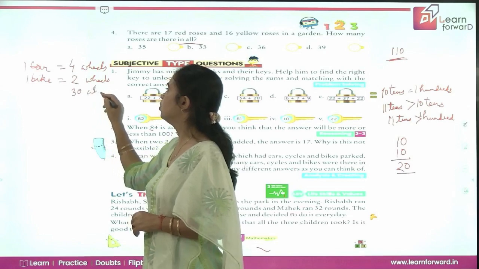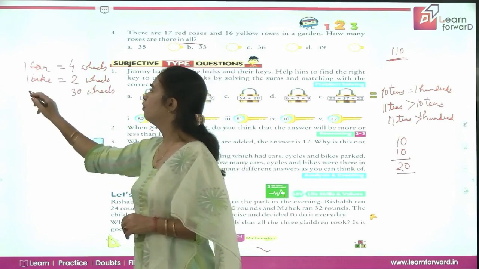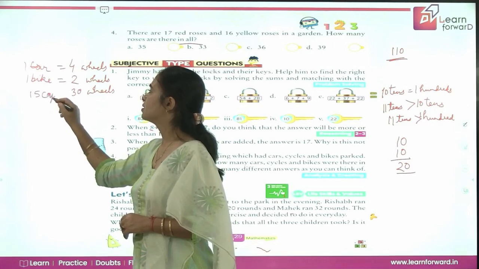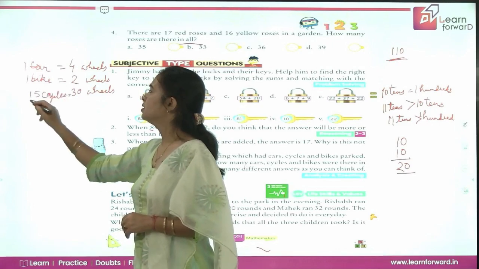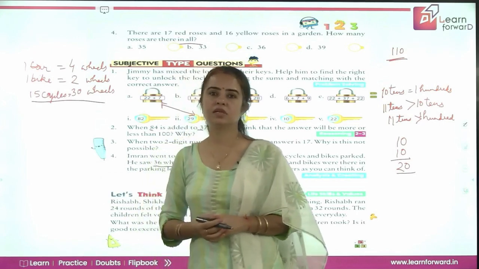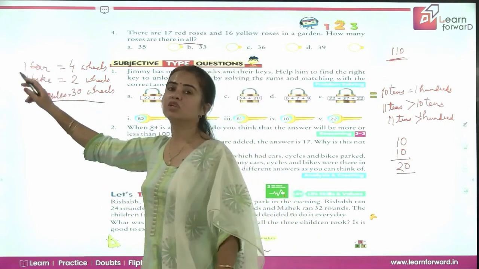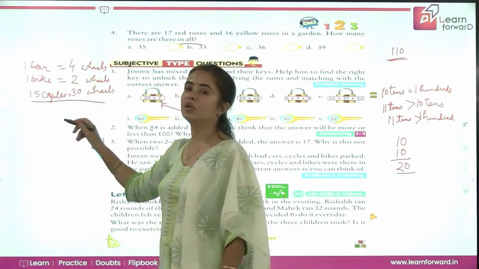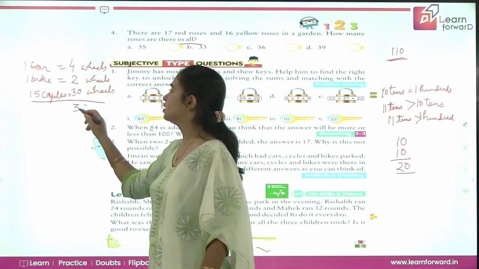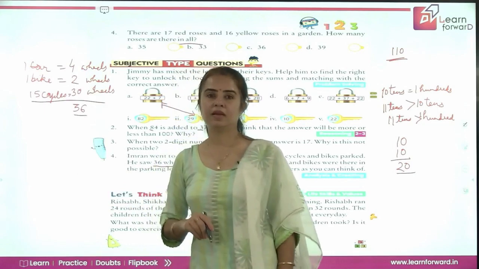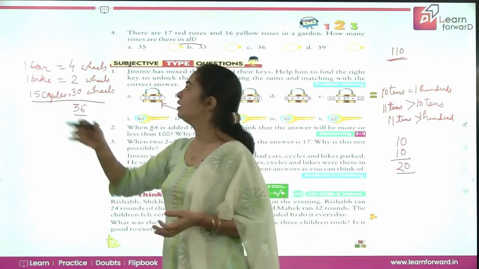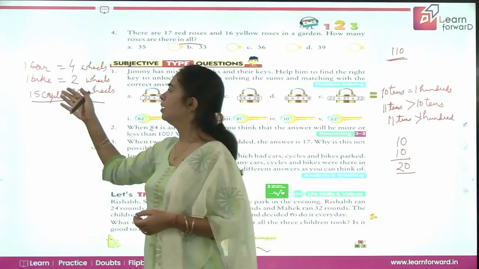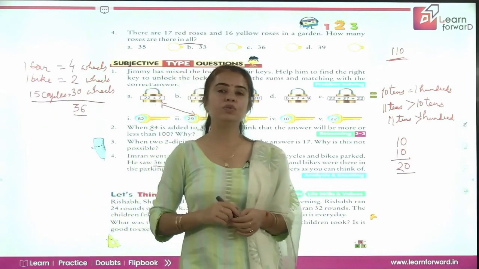So, 30 more wheels means 15 cycles. This is one combination, children. And when you have this combination of one car, one bike, 15 cycles, you find that total number of wheels is 36. Right? Now, you can increase the number of cars, you can increase the number of bikes, and the number of cycles will reduce itself.